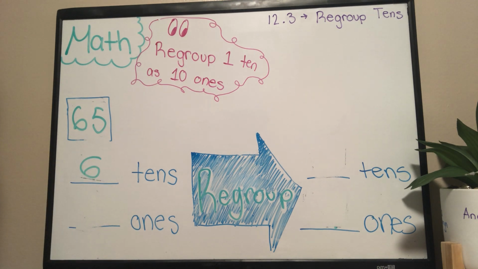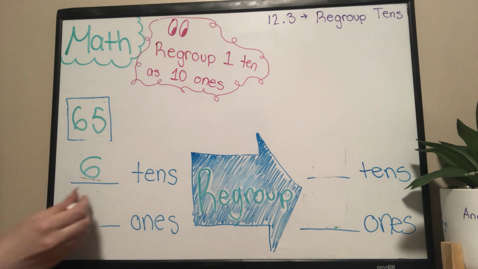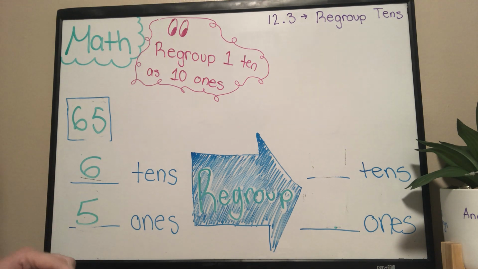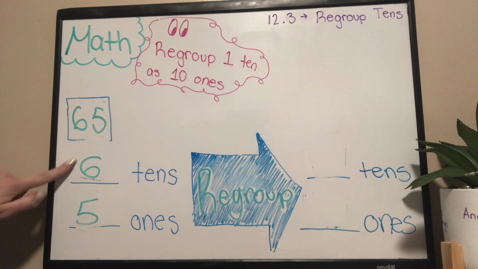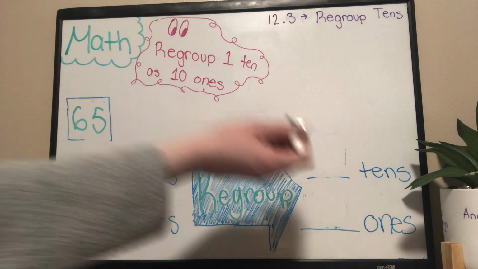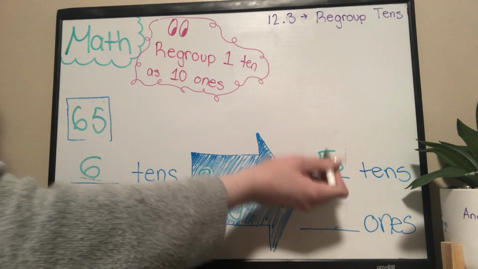And how many ones? Wonderful. 6 tens, 5 ones. Let's do this one without our tens and ones manipulatives. I know that 1 ten is going to come from this ten spot into the ones spot. What is 6 minus 1? Wonderful. Amazing job.